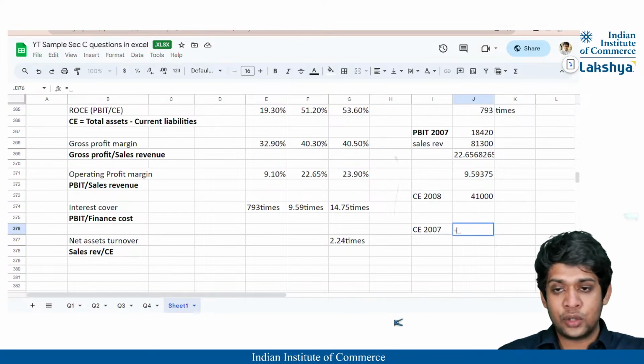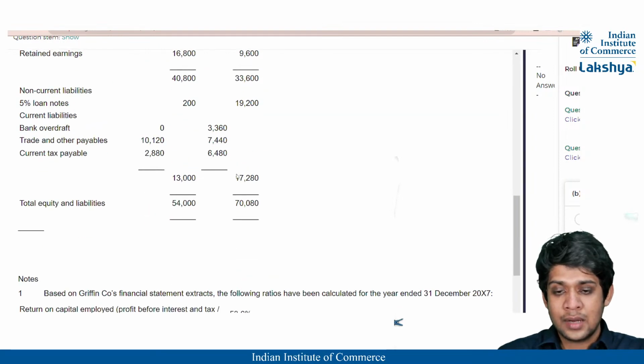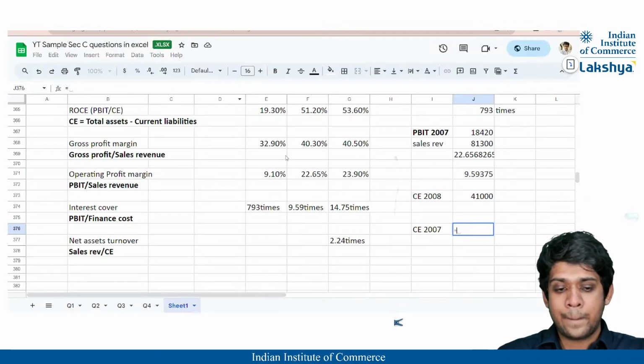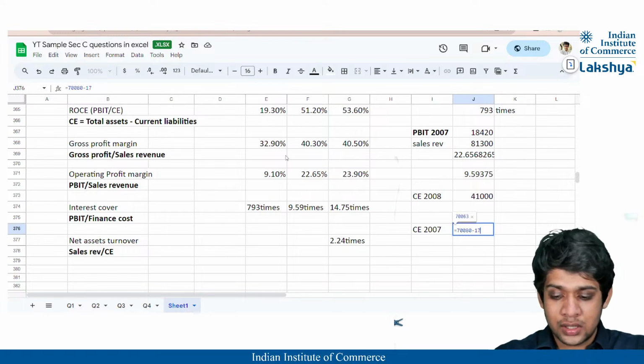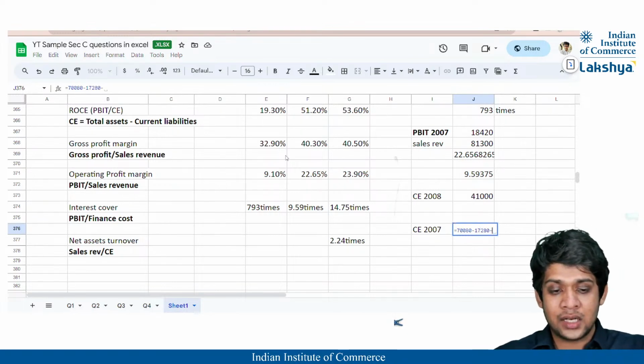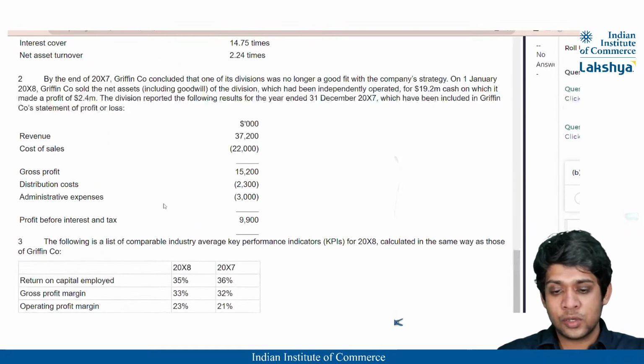The capital employed for 2007 will be nothing but 70,080 minus 17,280 minus the carrying value of the operation which is disposed of.